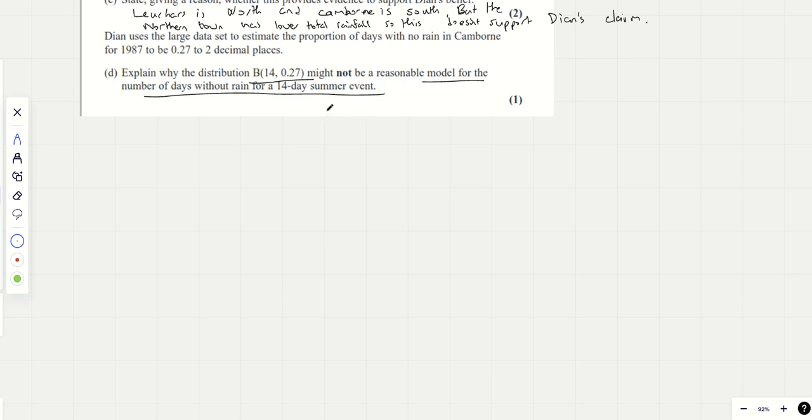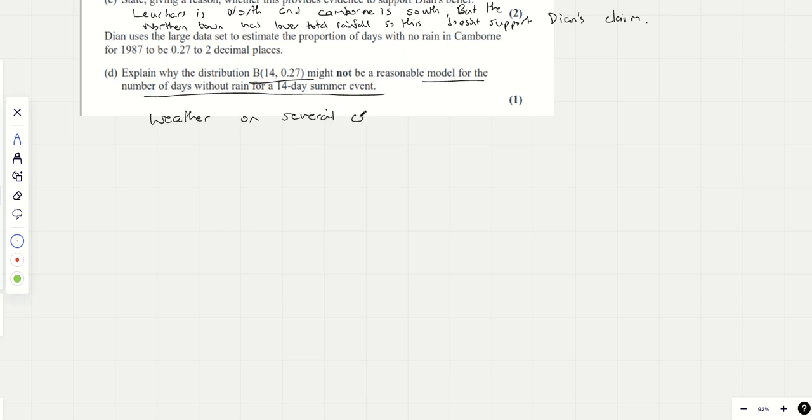Well, if I've ever got to say why a binomial model isn't appropriate, I'm thinking about the independence claim. Each day should be independent of the next for a 14-day thing. Now, is that the case? I think it's worth saying that several consecutive days are unlikely to maintain independence.